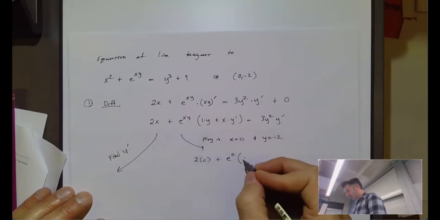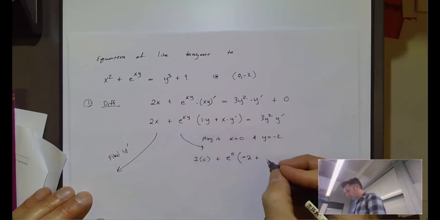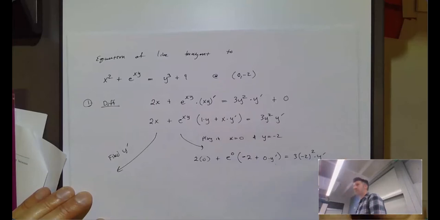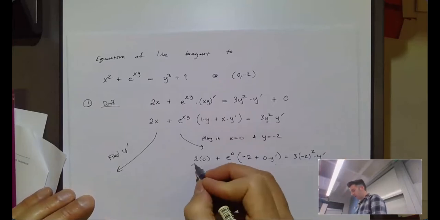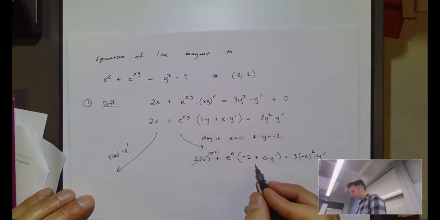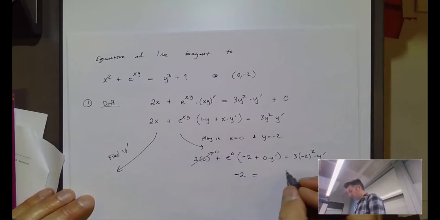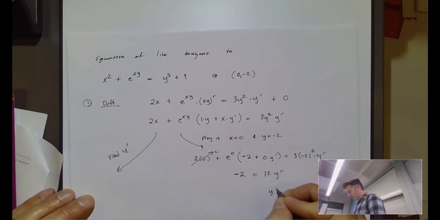Y is -2, x is 0, equal to 3 times -2 squared times y prime. So that's 0, that's 1 times -2, so I get -2 equal to 3 times 4 y prime. So I'm getting y prime equal to -1/6.